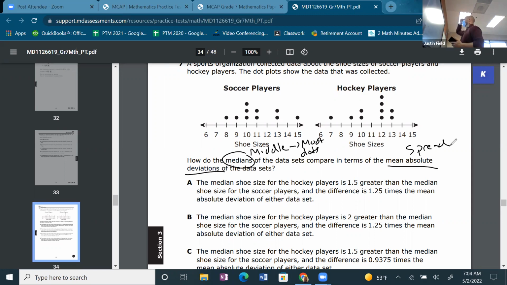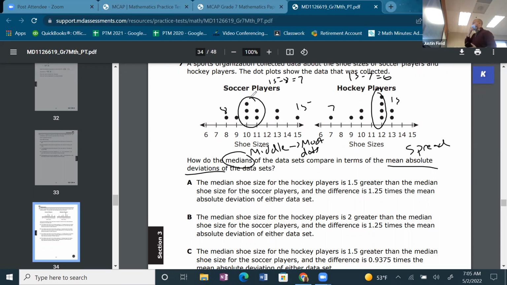So we would say that this goes from 15 to 8. This goes from 7 to 13. So 13 minus 7 is 6. 15 minus 8, well, that's 7. So the hockey players are one more size spread out. But we also see that the median for the hockey players might be around 12, and the median for the soccer players might be around 10 or 11.